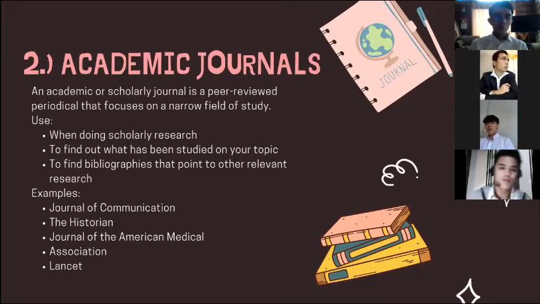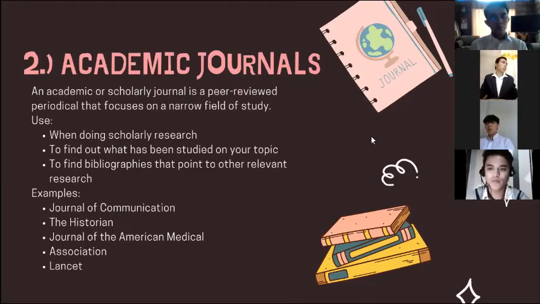So academic journals are used when doing scholarly research, used to find out what has been studied on your topic, used to find bibliographies that point to other relevant research.